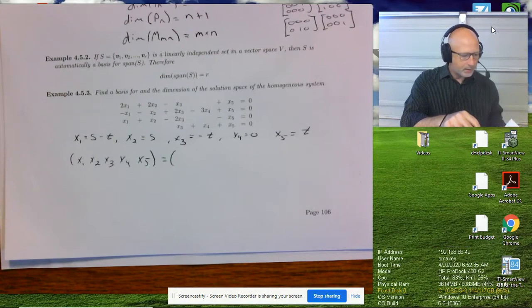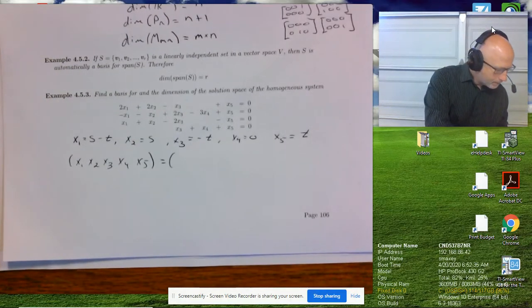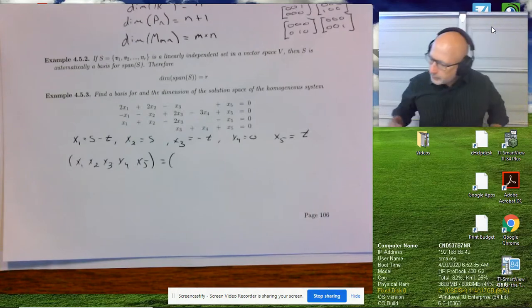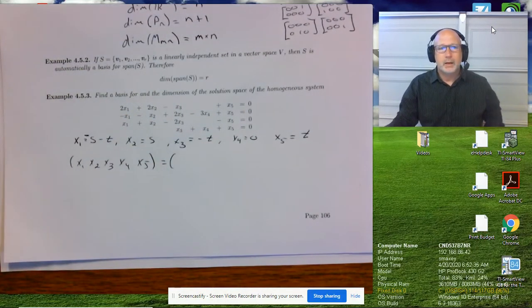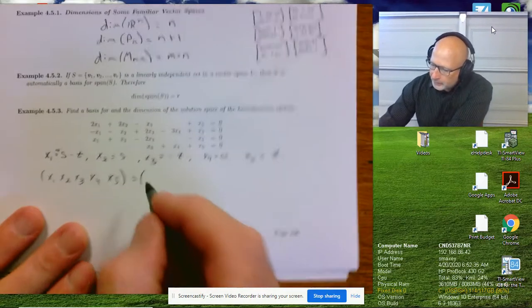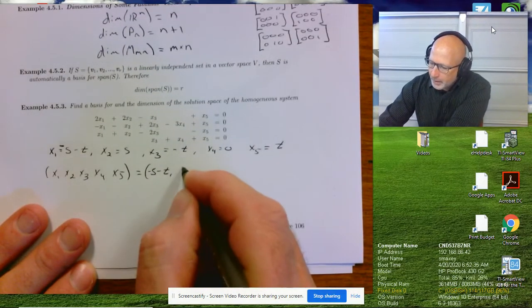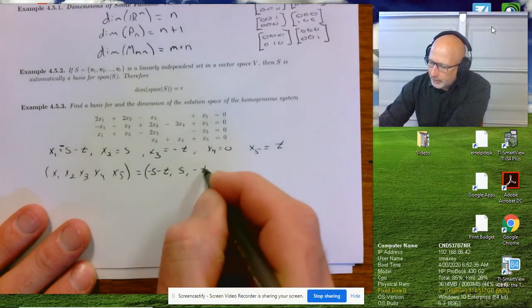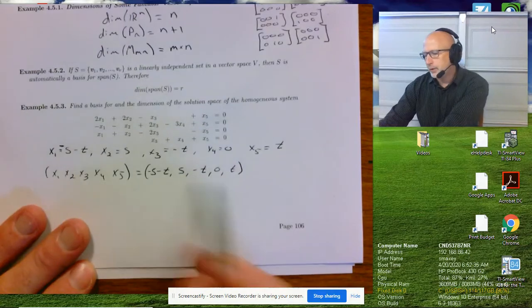And we could go back and actually go through and solve this, but I have it right here. So why do more work than is necessary? Okay, so this is the mistake. The solution set, this should be a negative s. Okay, so negative s minus t. So this is going to be negative s minus t, comma s, comma negative t, comma 0, comma t. Okay, that's what the solution set is going to look like.